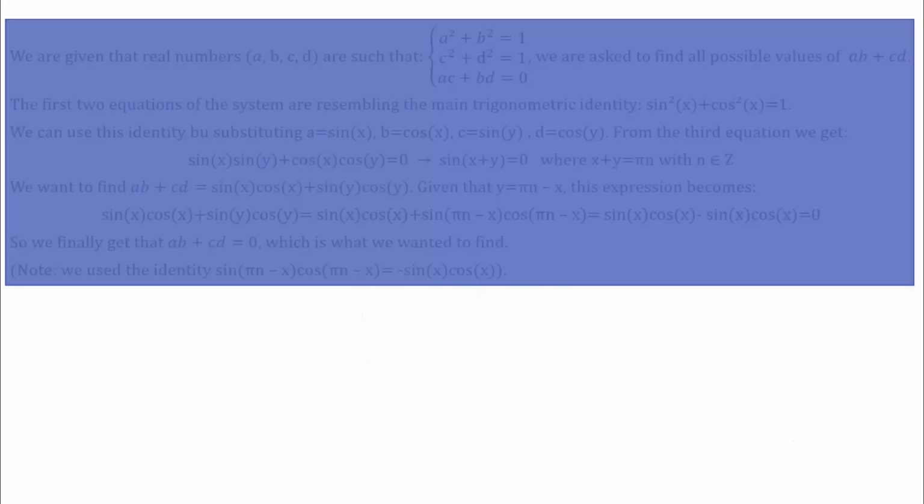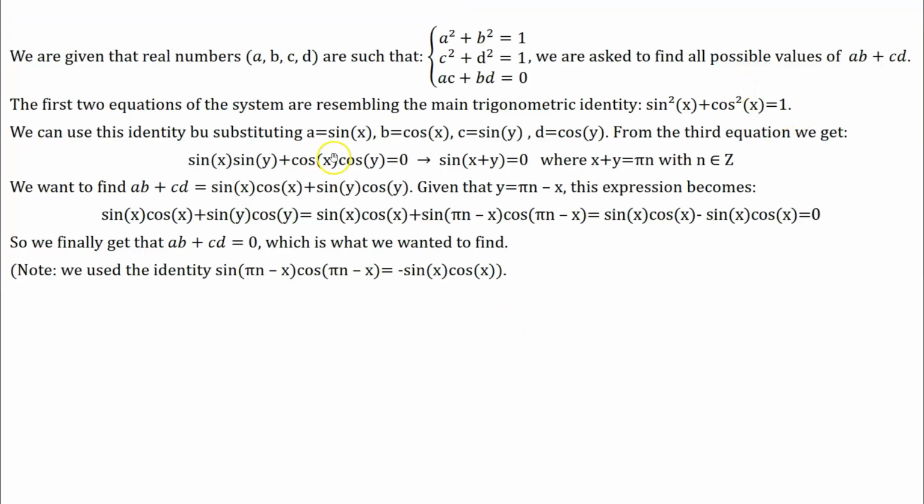As you see, the solution we have thought about is quite short, and of course we rewrite the request of the problem. We are given these real numbers which fulfill this system of equations, and we are asked to find all possible values of ab plus cd.